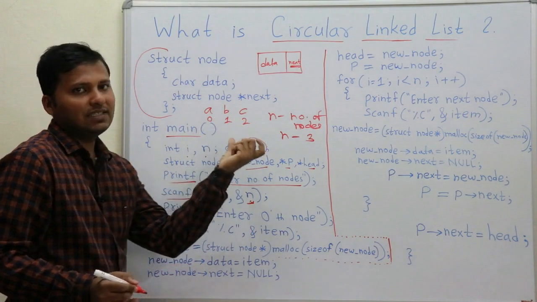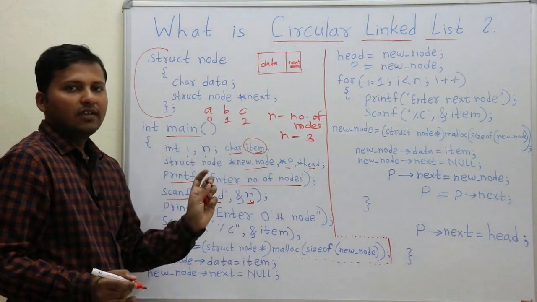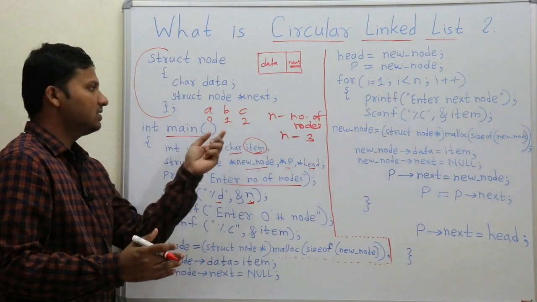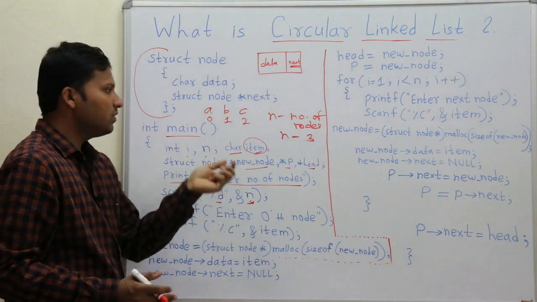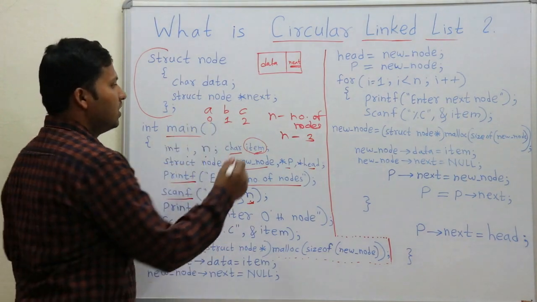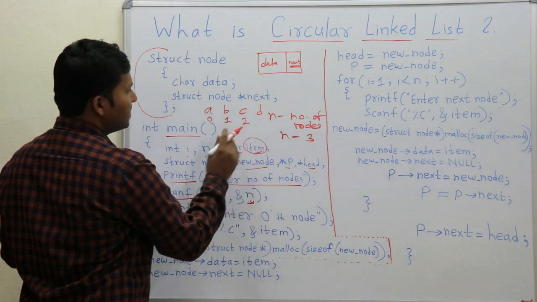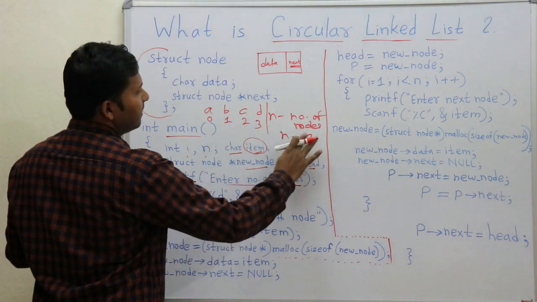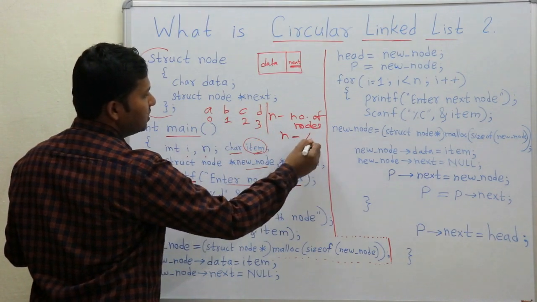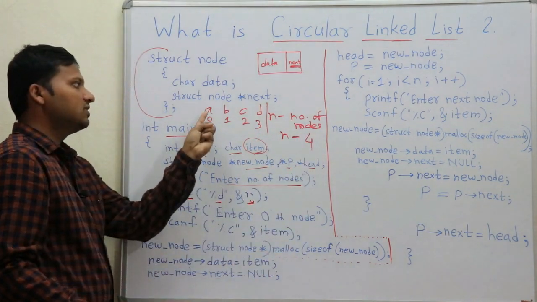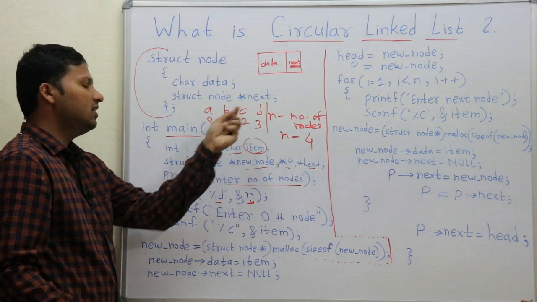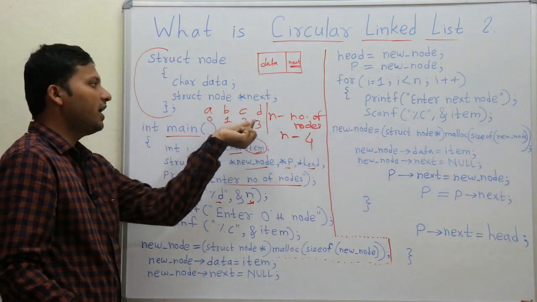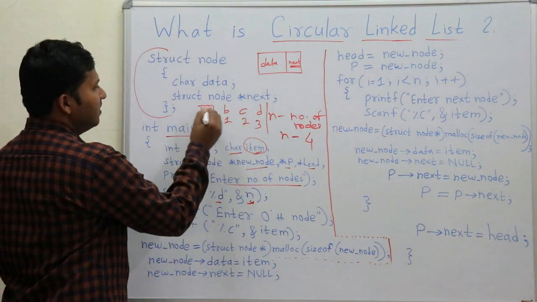These are the indices of those nodes. If there are 3 nodes, we will say 0, 1, 2. If there are 4 nodes, we will say 0, 1, 2 and 3. So assume they are A, B, C, D, then they will be 0, 1, 2 and 3.